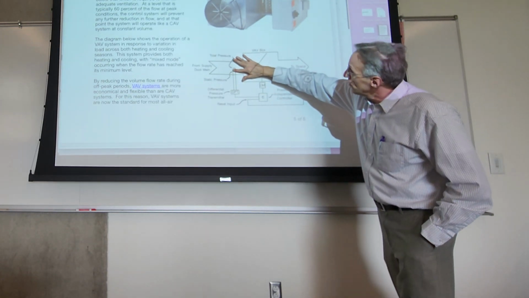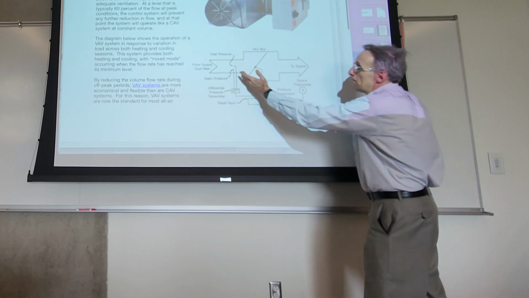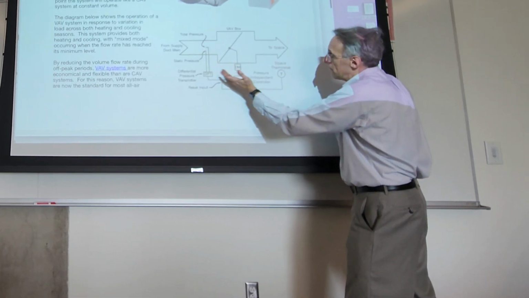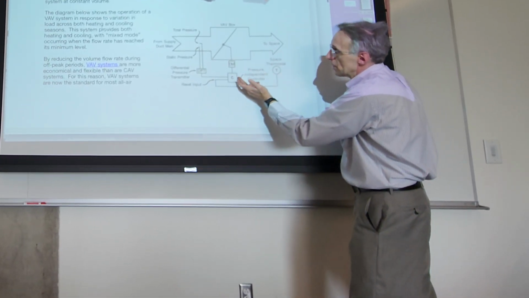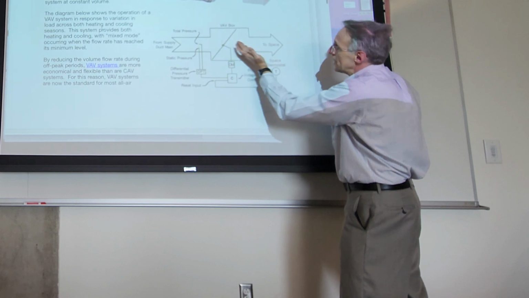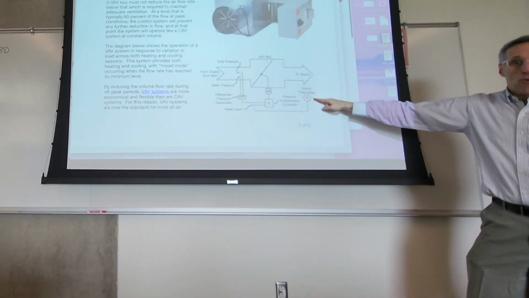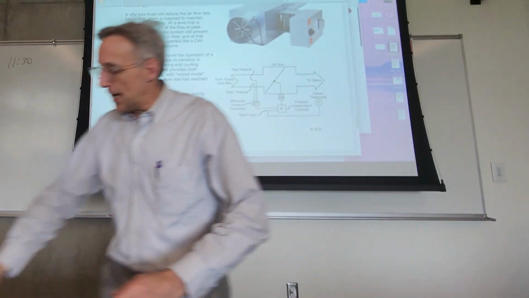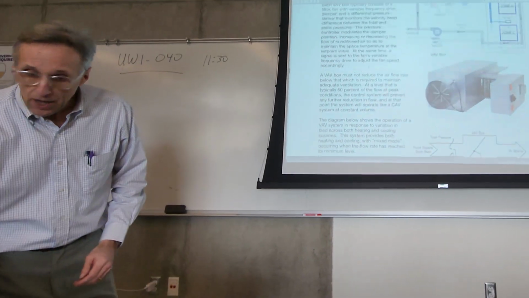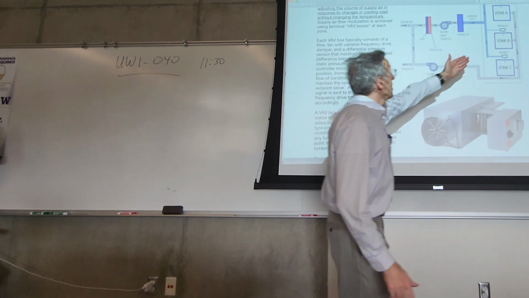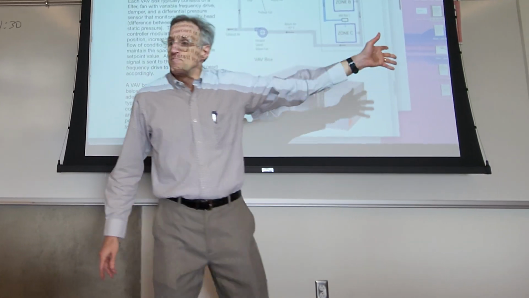It allows you to measure the velocity and to use that signal, combine it with the temperature input in the controller, and then set that damper to give you the exact amount of air you need to meet set point. And so you put these around in all the spaces, the different zones, and then everybody's happy.